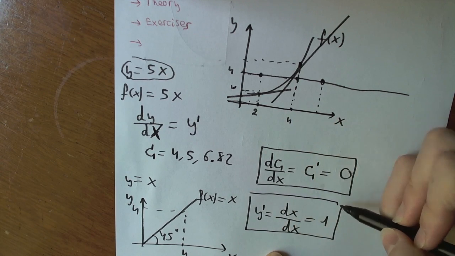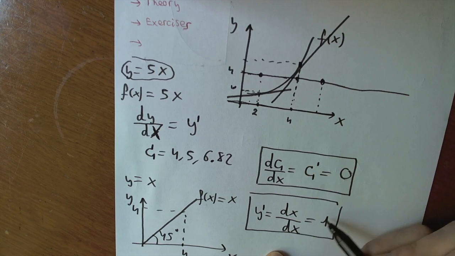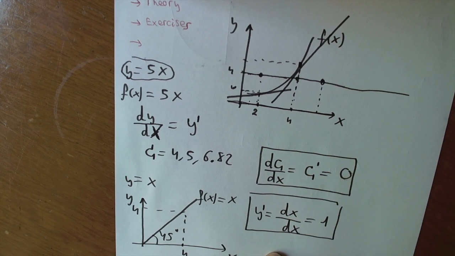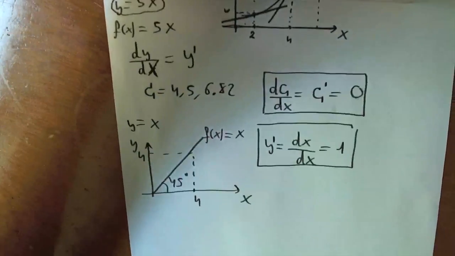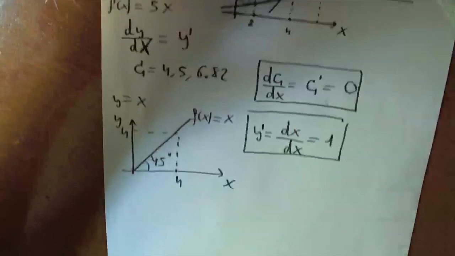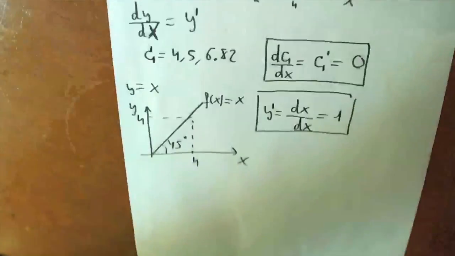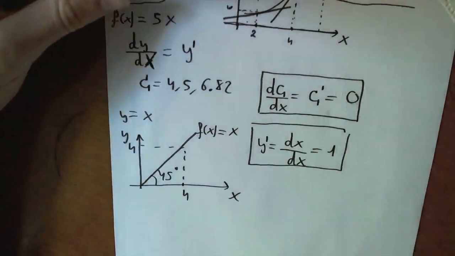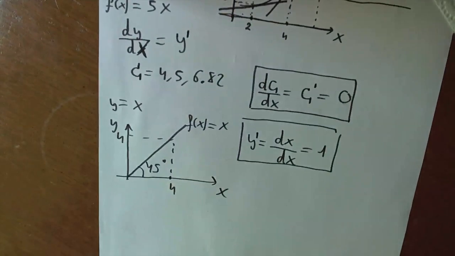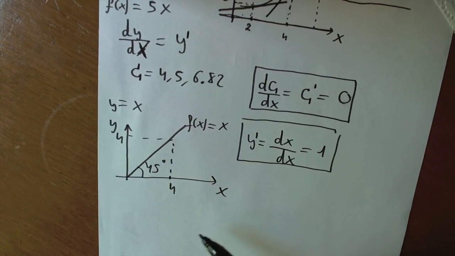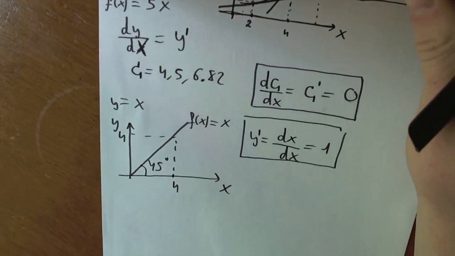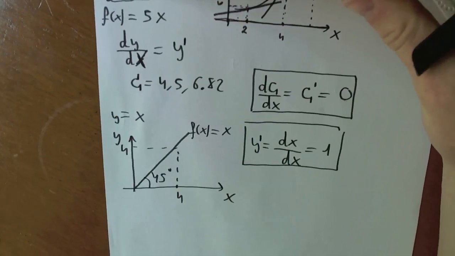So the derivative of x with respect to x is always 1. This is so important. It's the most important thing of the derivatives, of the basis. And with this basis, sorry, my fellas, this is getting a little bit dark. With this basis, we can start to explain the derivatives of some other functions.